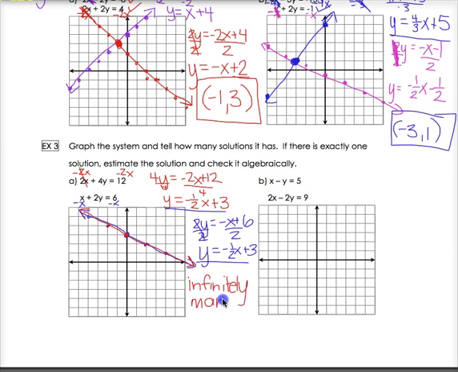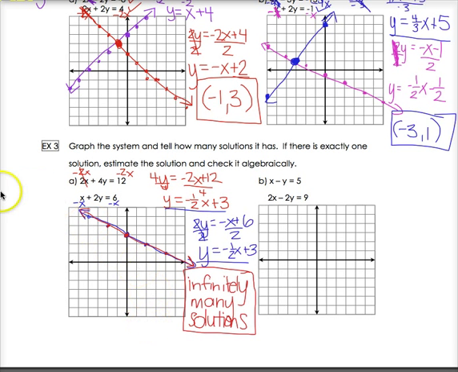And so, because it's the same line, there are infinitely many intersections because the line goes on forever. So that is how you know when you have infinitely many solutions, is if your two equations end up being the same line. So same line is what gives us infinitely many solutions.